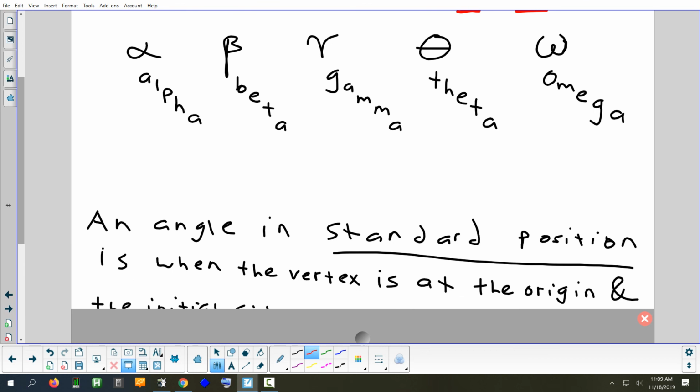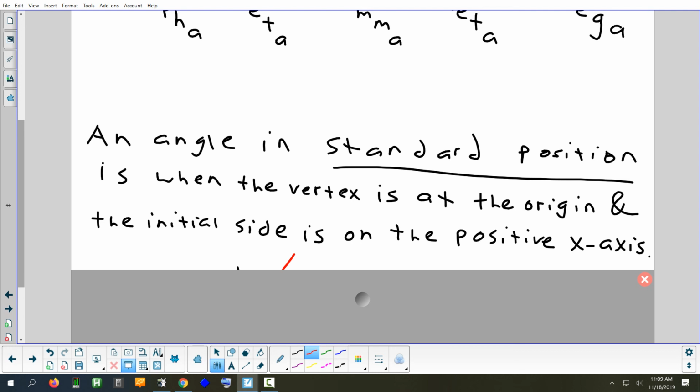So, I told you guys that when we sketch angles, there's kind of a standard way we always do it. And the normal way to draw it is what's called standard position. Two things have to happen if I ask you to sketch an angle in standard position. One, the vertex has to be at the origin.